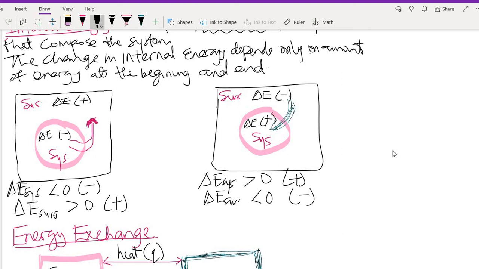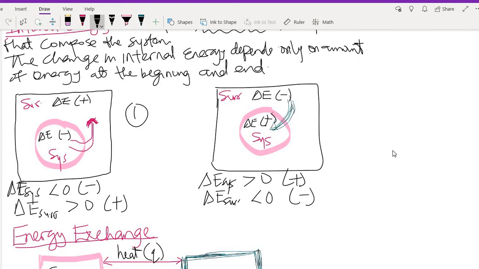Let's take a look at this first picture here. We have the system, that is the process we're studying, and the surroundings, like we said, is everything else. When energy flows out of the system, it goes straight into the surroundings.